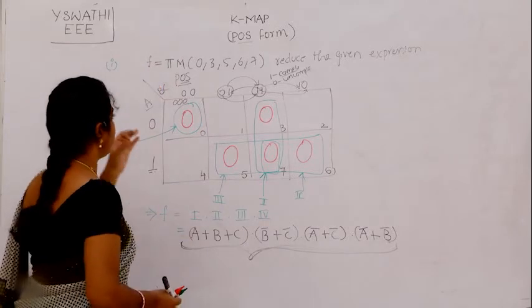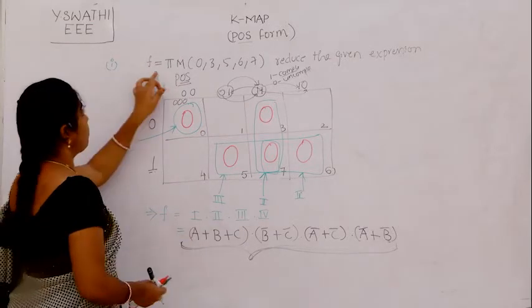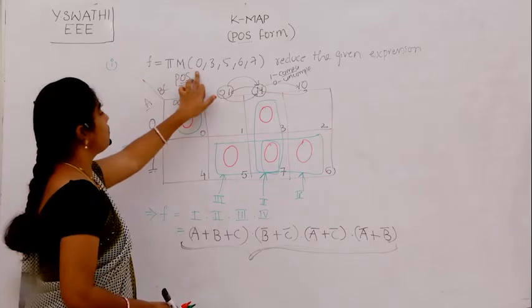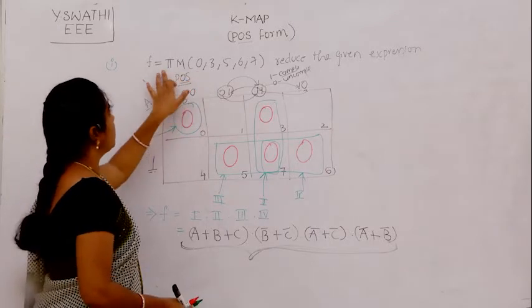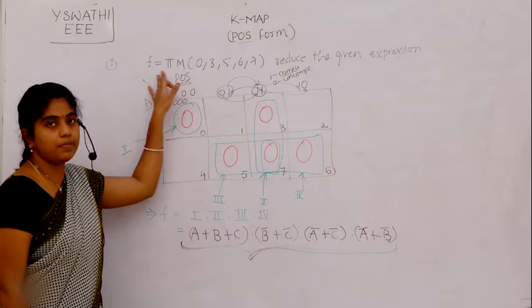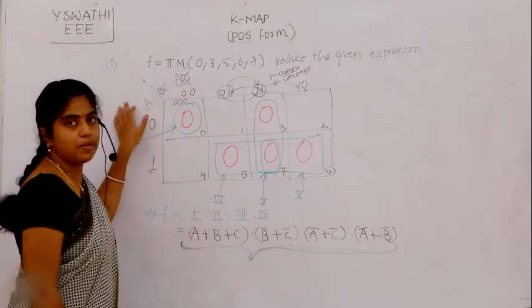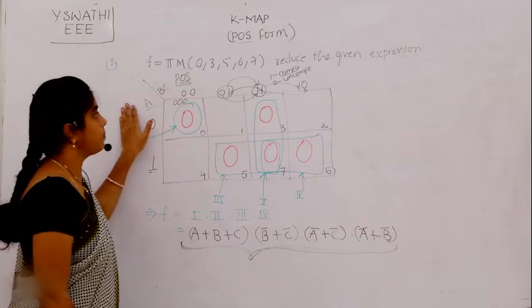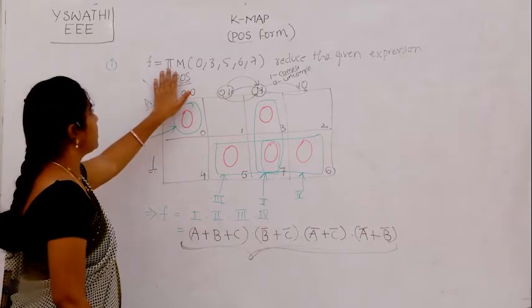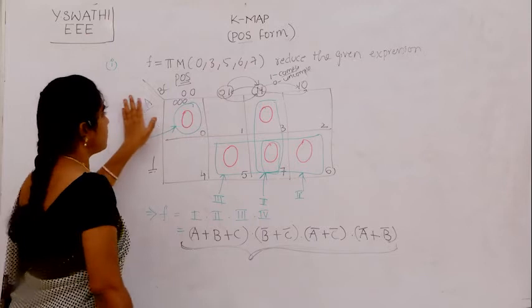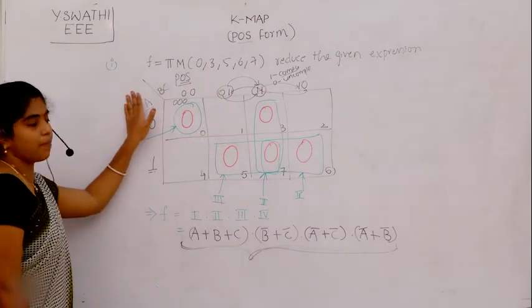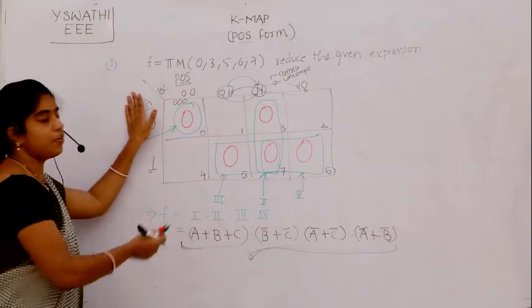So how did we write it? By seeing this expression, we can tell that this is a function of 3 variables. So in the first step, we should draw a 3 variable K-map in POS form, because it is represented as a product of max terms. That's why we represented our K-map in POS form.